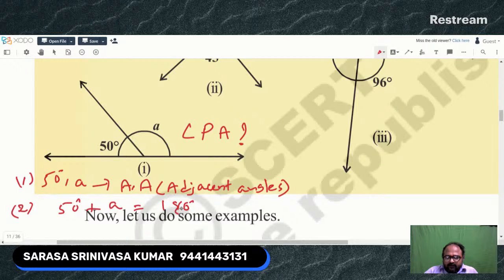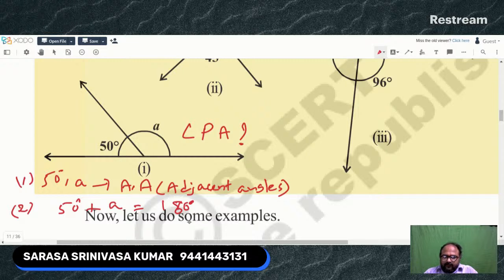Why? Because they are forming, we know one axiom: if a ray stands on a straight line, then the adjacent angles formed by the ray are a linear pair of angles. This is an axiom which you have studied earlier.